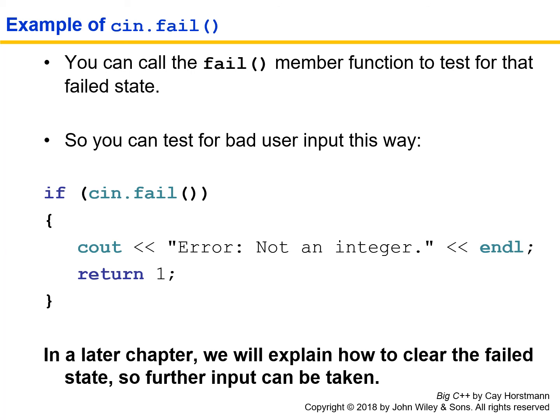This is another one of those member functions that we talked about with the string variable last time. With string type variables, you can call .length or .substring. Well, with cin, you can call .fail and find out whether the last time you tried to input a number, it didn't work. So we can say if cin.fail, cout, error not an integer, return 1.